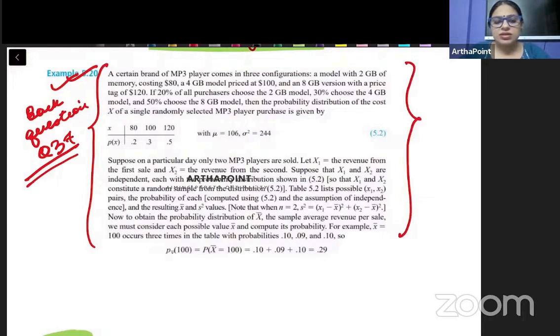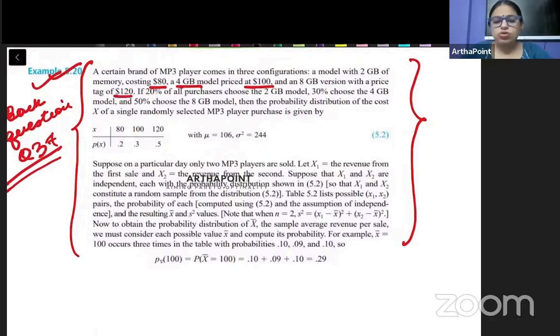It says a certain brand of MP3 player comes in 3 configurations: a model with 2 GB of memory costing $80, 4 GB of memory priced at $100, and an 8 GB version priced at $120. तो आपको 3 वर्जन दिए हुए हैं और उनके respective prices दिए हुए हैं कि आप या तो $80 earn कर सकते हो या 100 या फिर 120. 20% of the purchases are with 2 GB, so the percentage given to you is 0.2.